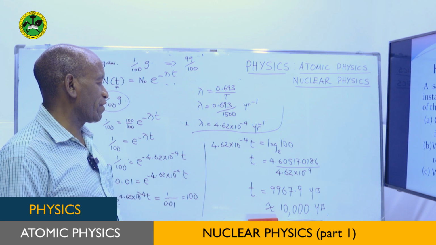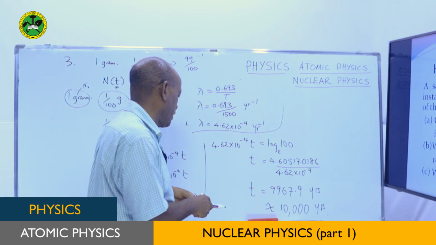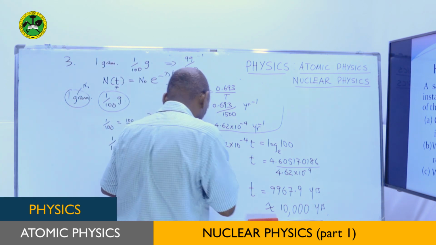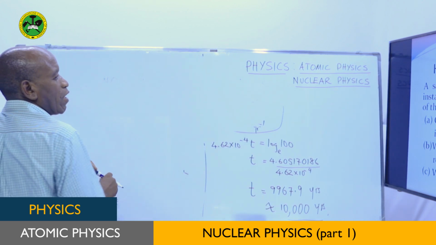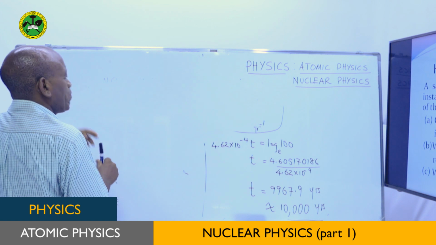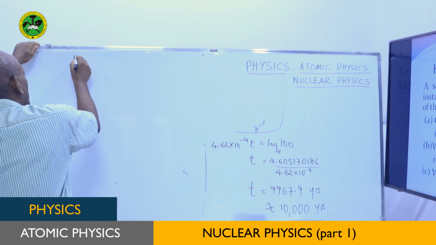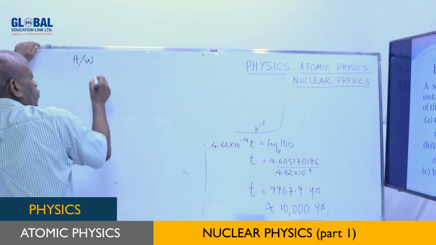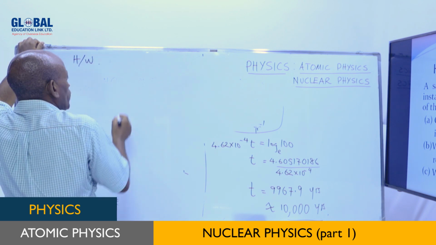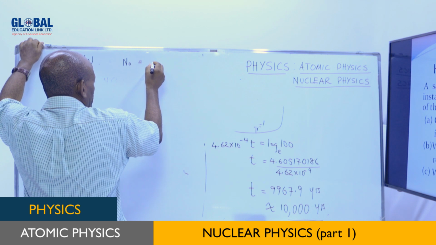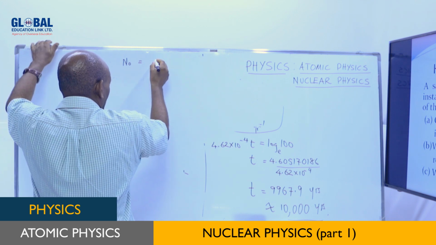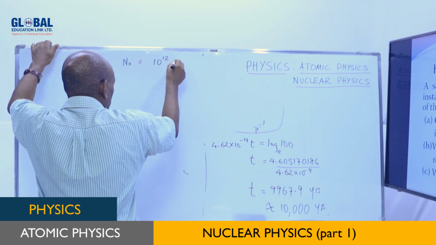We can take this as your homework, but let me just give you a hint. Remember here, we are given the sample to contain 10 power 12 atoms. So the original number of the radioactive sample present in our container is equal to 10 power 12 atoms.